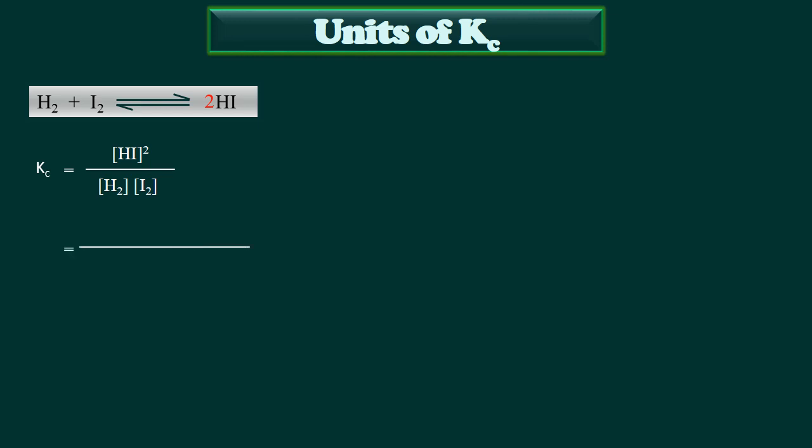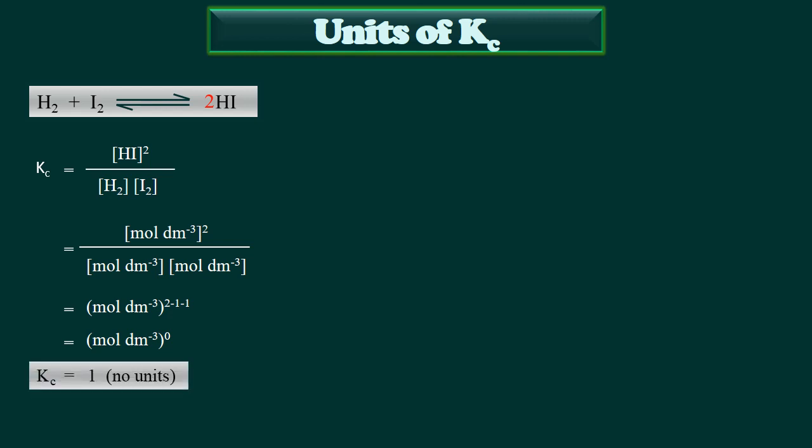Then in place of active mass we write its unit, mole per dm cube, simplifying to get mole per dm cube raised to power 0, which means 1. That is no units. Why? As there are equal number of moles of reactants and products.